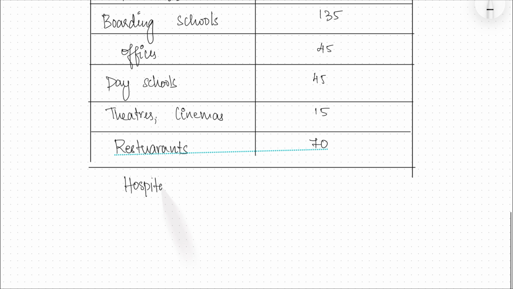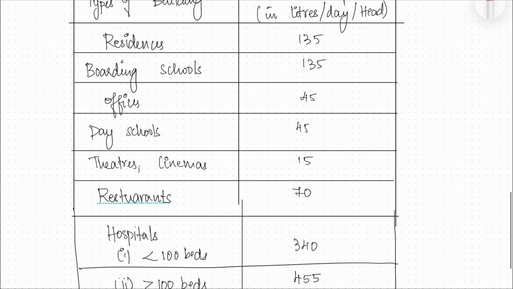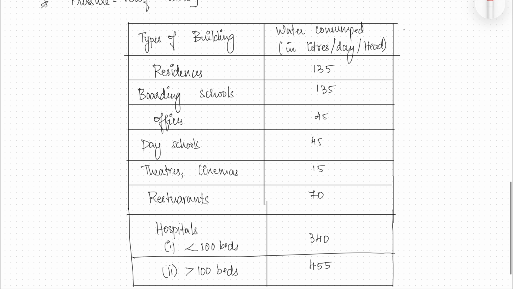So hospitals have two categories. One, if it is under 100 beds, then it uses 340 liters. If it's more than 100 beds, it uses 455 liters. This is the water consumption of different types of building in liters per day per head.